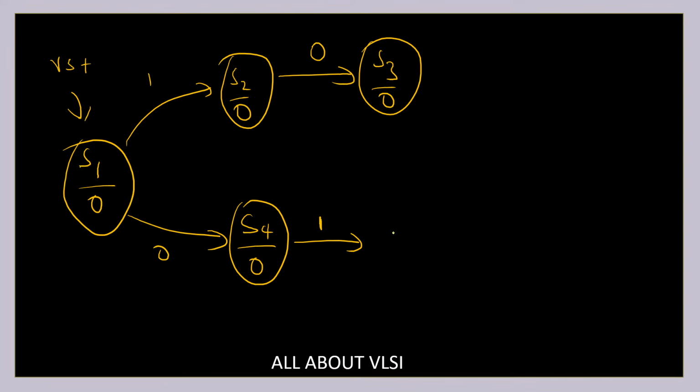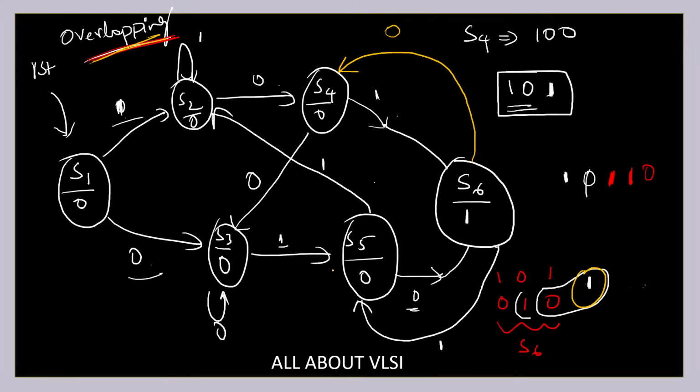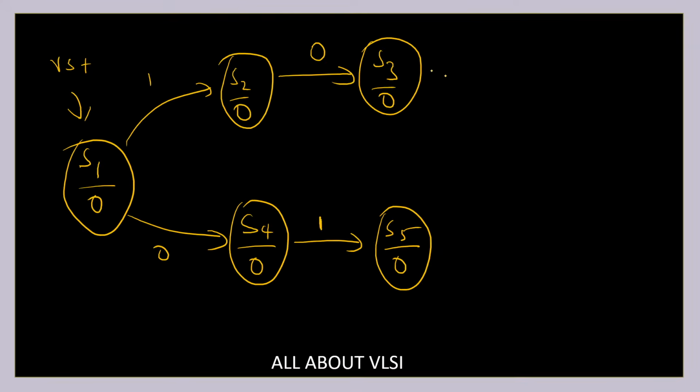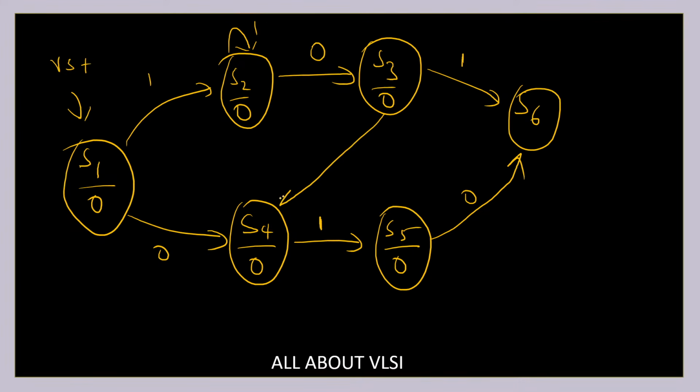And if my input is equal to 1, S5, my output is equal to 0. 1, 0 and 0, 1. Now if I get 1, I'm going to S6 and 0, I'm going to S6. Okay. And 1, I'm staying over here. 1, 0, 0, I'm going to S4. 0, 1, 1, I'm coming to S2.